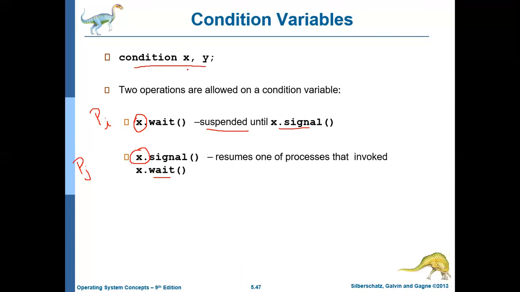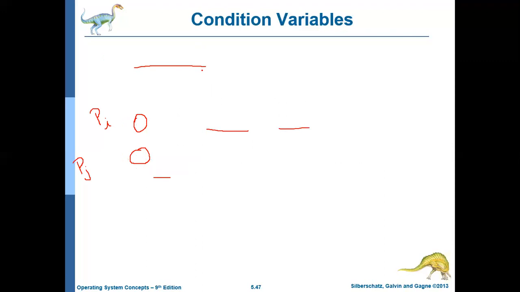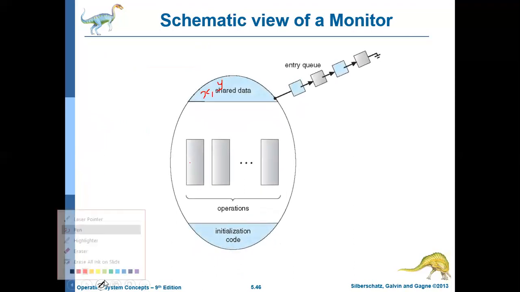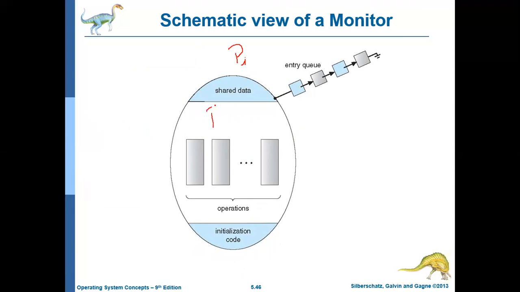Initially, if nobody is using the monitor and a process Pi wants to use the monitor, it will just enter, because nobody is using it. Only one process can use the monitor at a time. So let us assume Pi is using the monitor. Now if some other process Pj comes, it will wait in the entry queue.